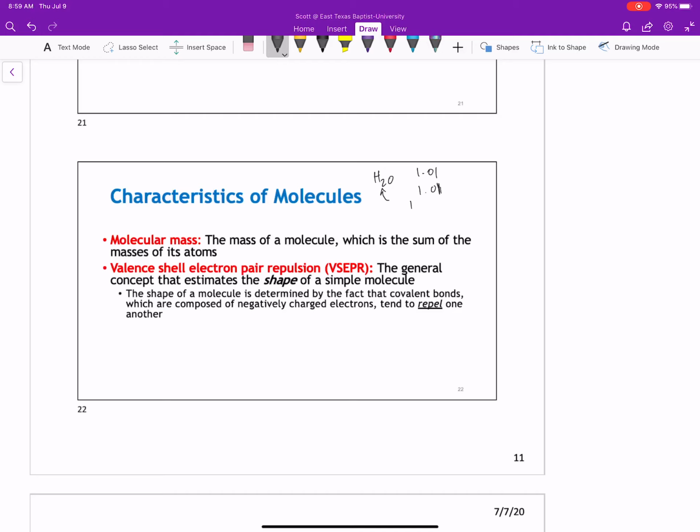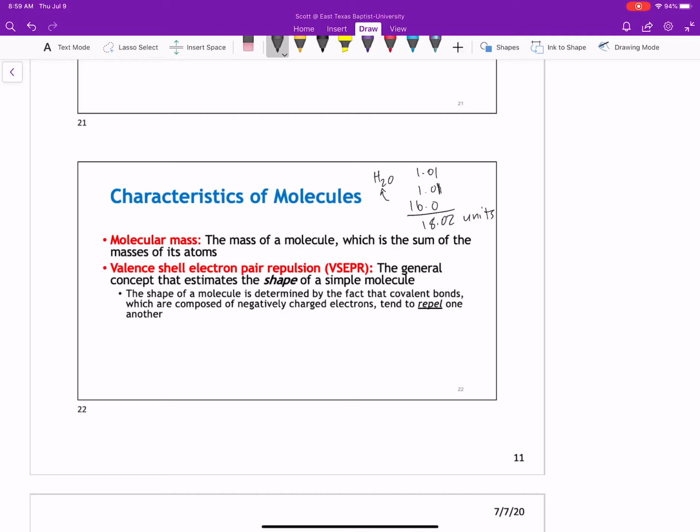And then the oxygen is 16.0. We'll just round that 15.999 to 16. And then you get 18.02, and we'll call that units. That would be the molecular mass. So what I did is I added up each individual atom in that molecule to get a total weight.